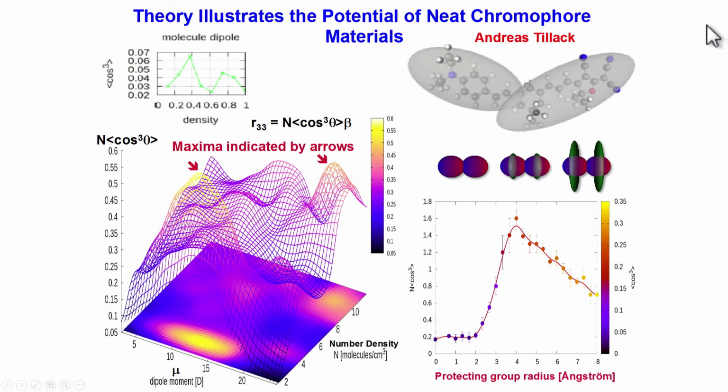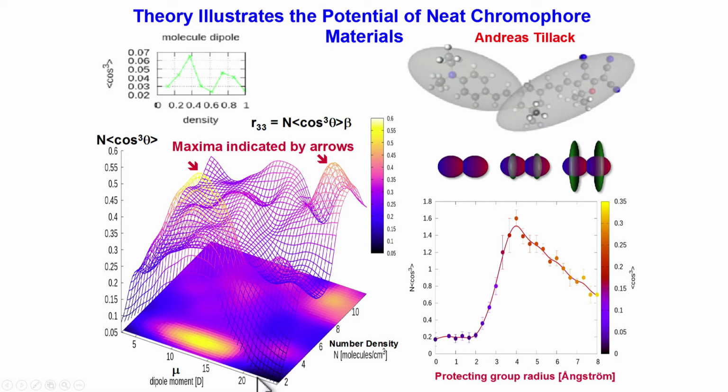Well, theory has produced some dramatic new insights, and one of the first and most obvious is that we all thought initially that electric field poling dropped off and went to zero as you increased concentrations of chromophores in polymer materials. All the earlier work was focused on chromophore polymer composites. But theory actually shows, and this is what you would see for low dipole moment chromophores, that you get electro-optic activity only at low number densities over here, and it's basically a centrosymmetric structure at the higher number densities.